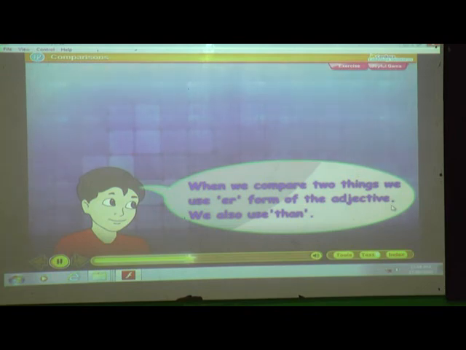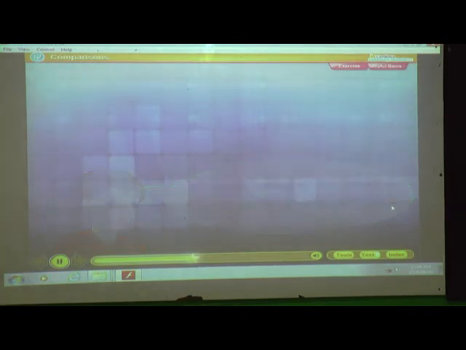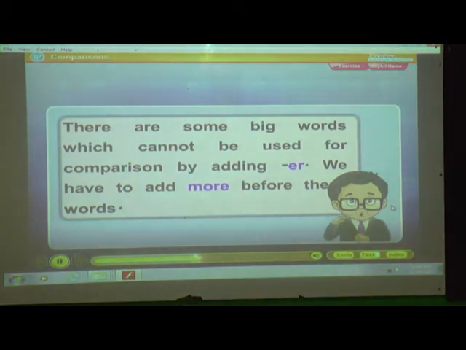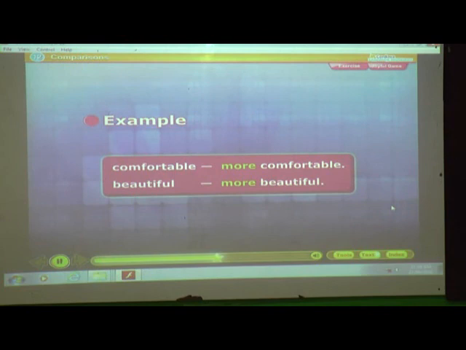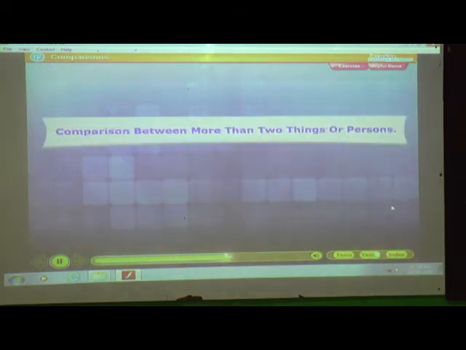We also use than. There are some big words which cannot be used for comparison by adding ER. We have to add more before these words. Example: comfortable, more comfortable. Beautiful, more beautiful.